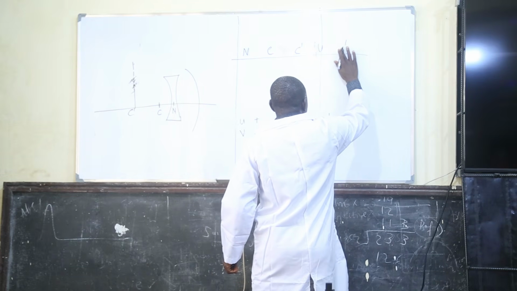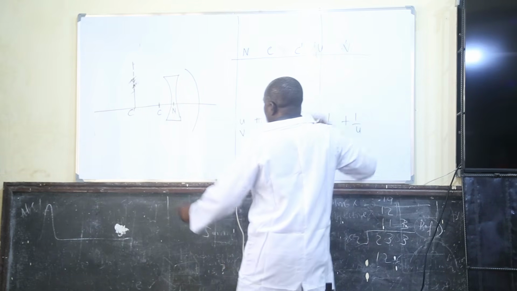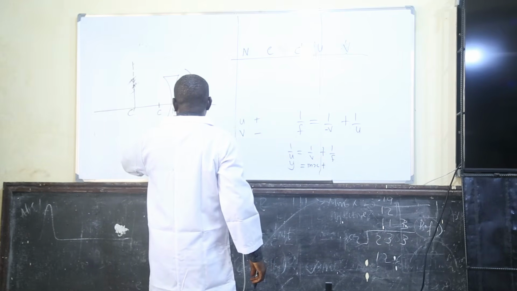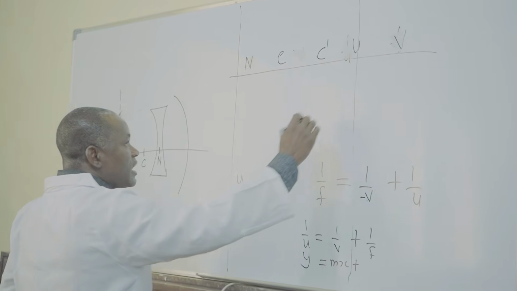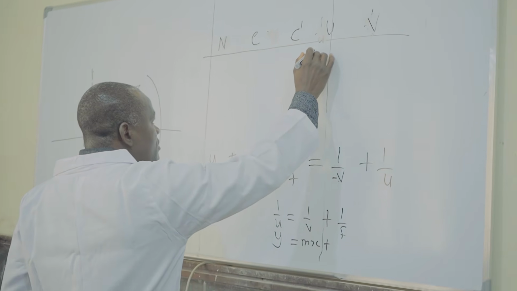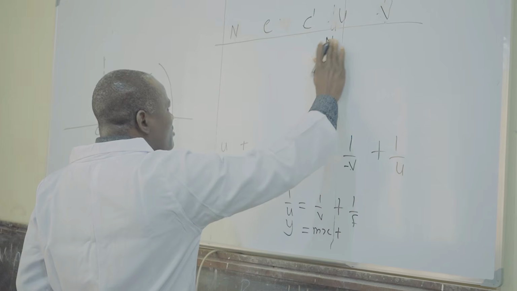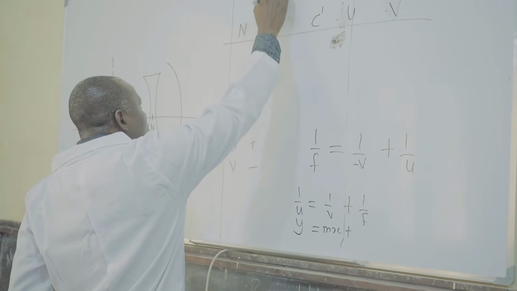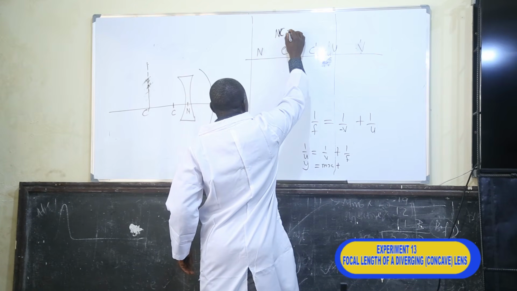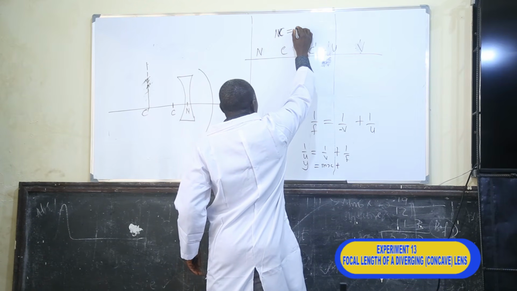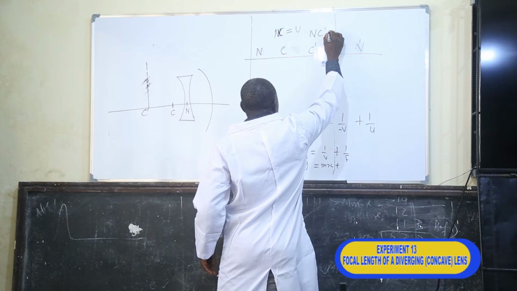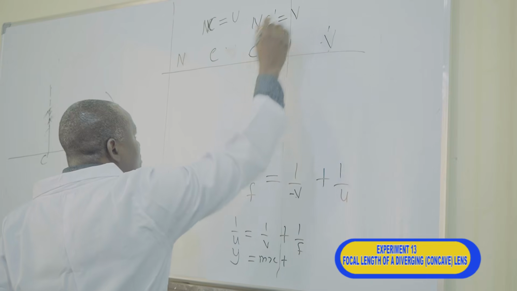I can also determine V. So the distance between N and C, let's just call it NC, is the object distance, then NC prime is the image distance.